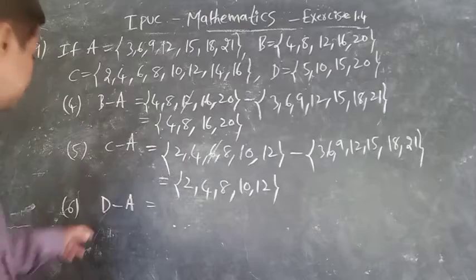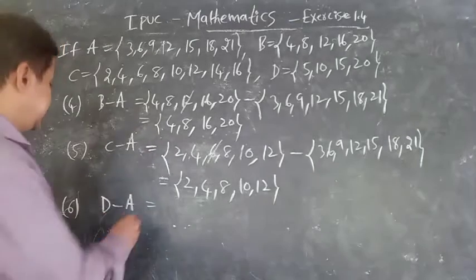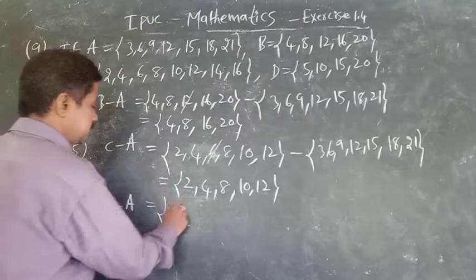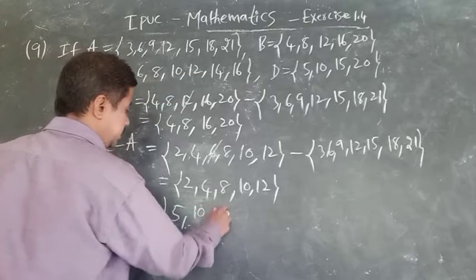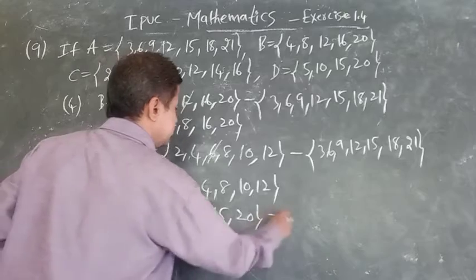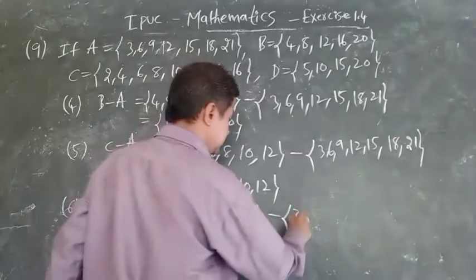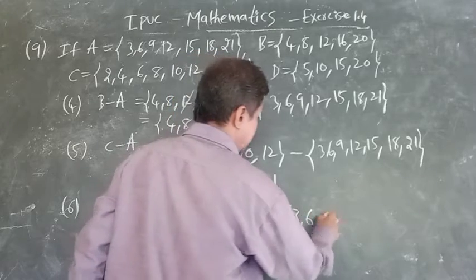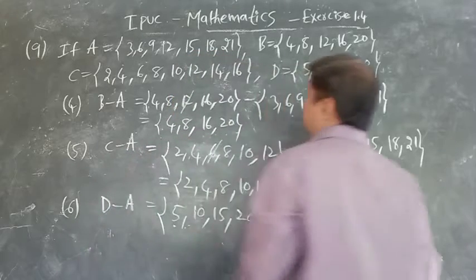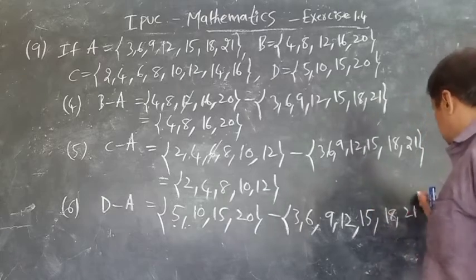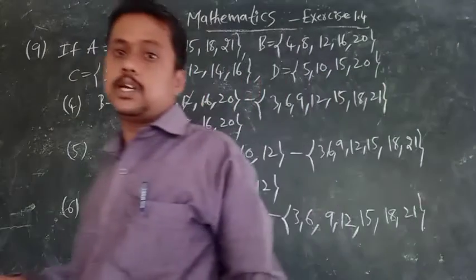Okay. Next we will move to the D minus A. Write down first D. D is equal to 5, 10, 15, 20, minus A: 3, 6, 9, 12, 15, 18, 21. Okay. Like that first you have to cancel it.